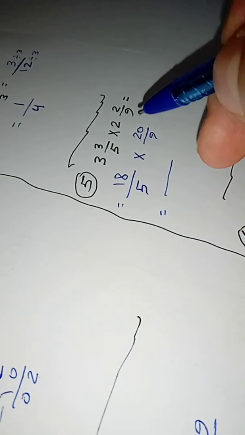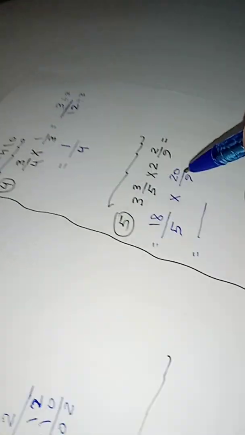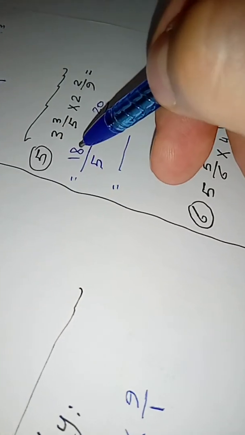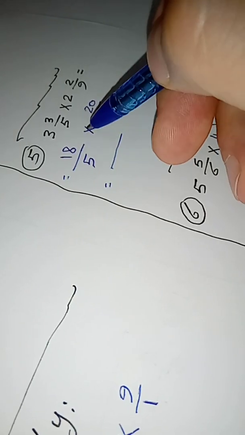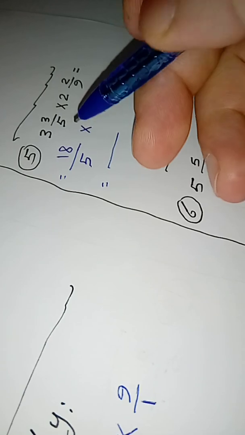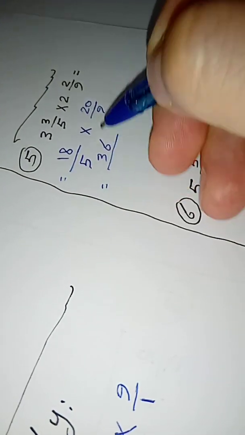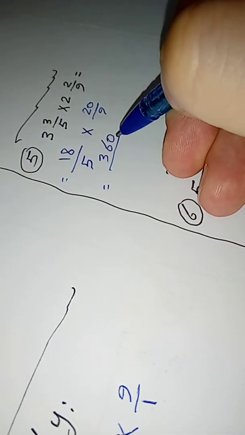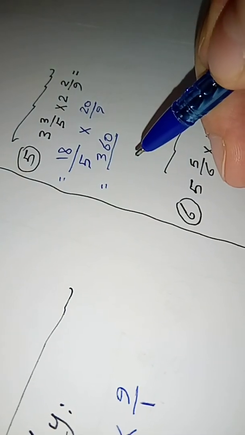Now we have two fractions here. You can multiply numerator by numerator. 18 multiplied by 20. 2 times 18 will be 36. And here we have 0, add the 0. So the answer will be 360.